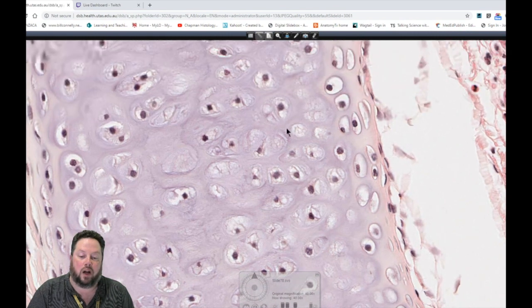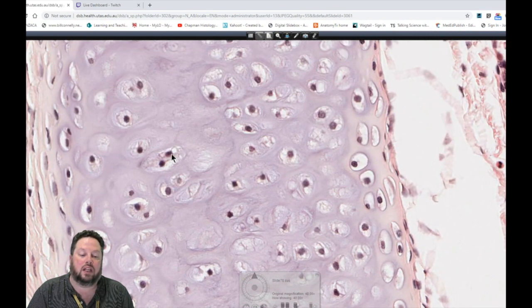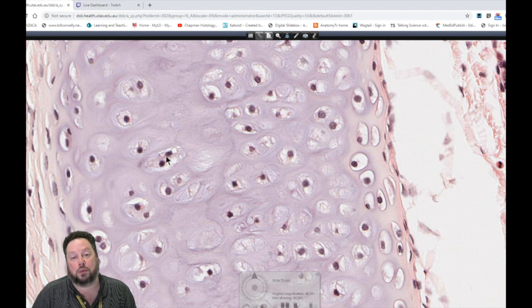Now, every now and then what we might see are these little accumulations of chondrocytes or chondroblasts in the same lacuna. Now, this happens when we undergo the second type of growth that's possible within cartilage. Now, it predominantly happens during fetal development, but it may happen after, in response to growth or damage, repair, and that's known as interstitial growth.